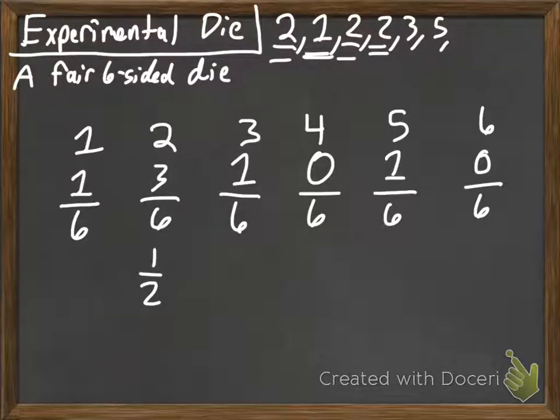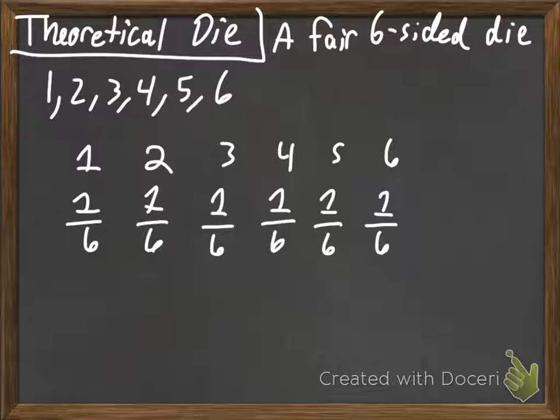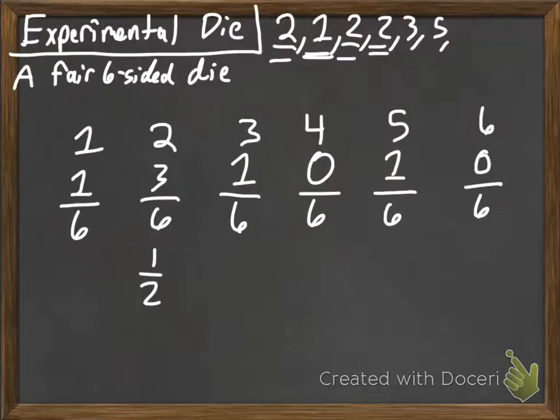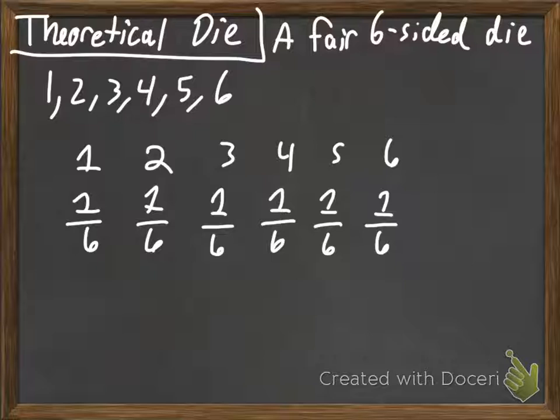Now, if we look at our theoretical probability and compare it to our experimental, it doesn't really match up too well. Our 1, our 3, and our 5 do, but the 2, 4, and 6 are all over. But they're actually pretty close. 1 and 0 are pretty close. It's not like we were expecting to get 4 4s here with the theoretical.